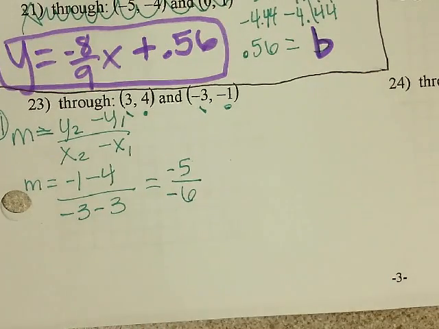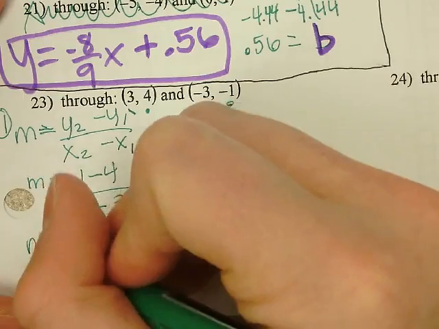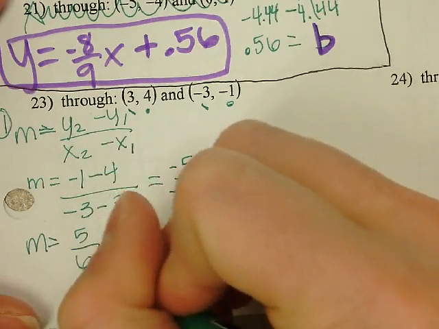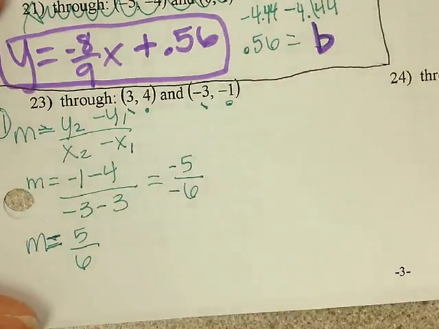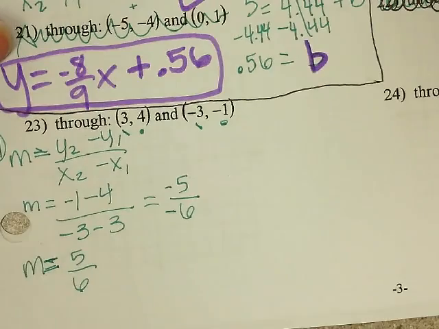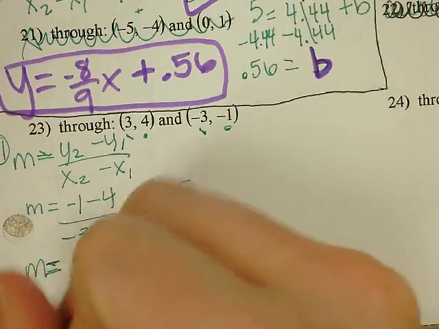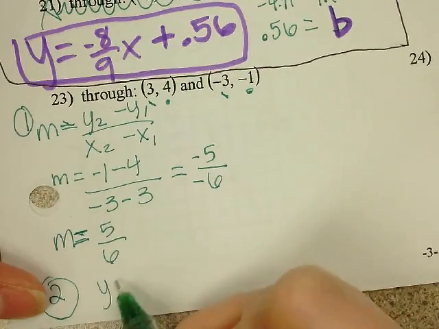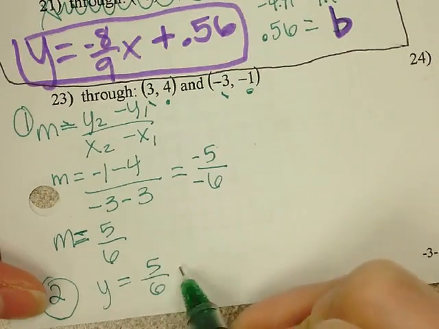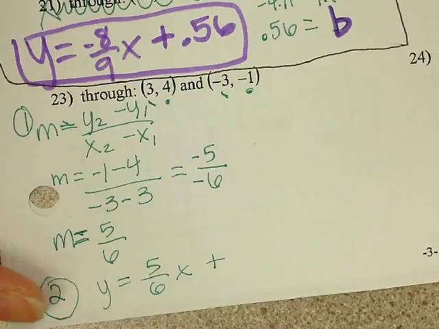What happens when I have a negative and a negative? It makes it positive, right? So my slope is 5/6. All right, so plug slope into y equals mx plus b. That's our step 2. So y equals 5/6 x. I don't know my b.